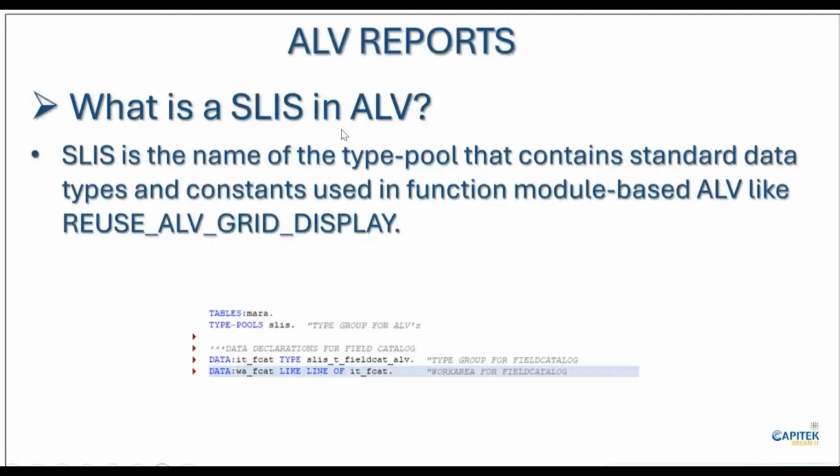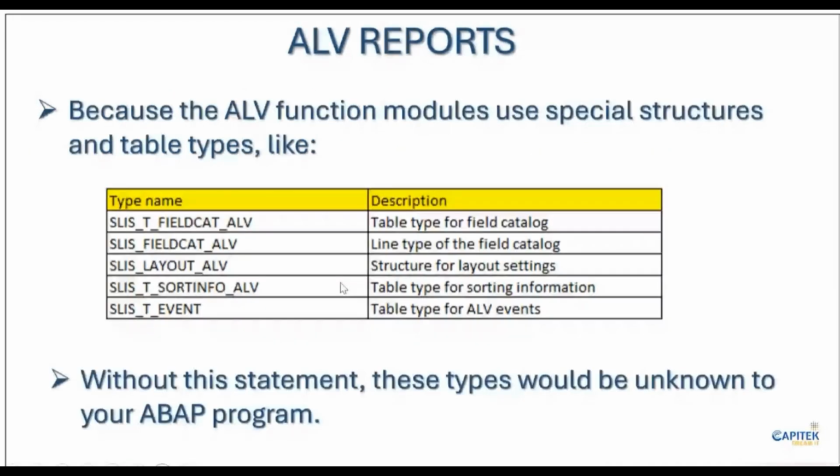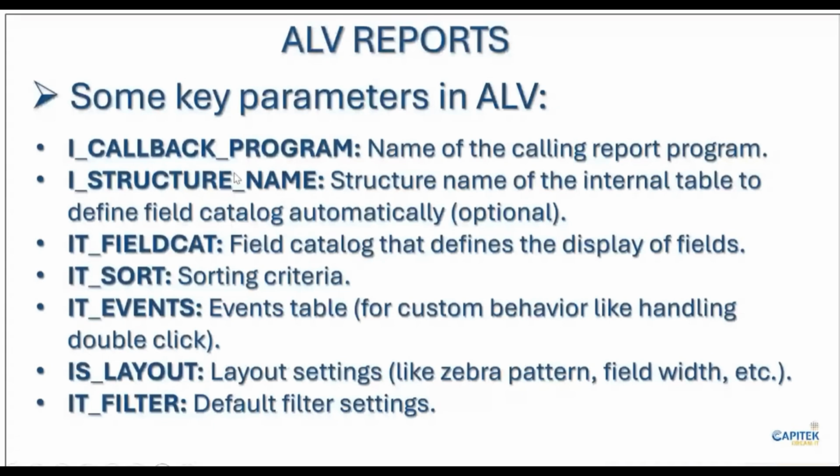So when we talk about the field catalogs, these are the different parameters. As I told you in the example about the parameter list, the field catalog, sort, events, layout, and filter are all different parameters that are part of the ALV.